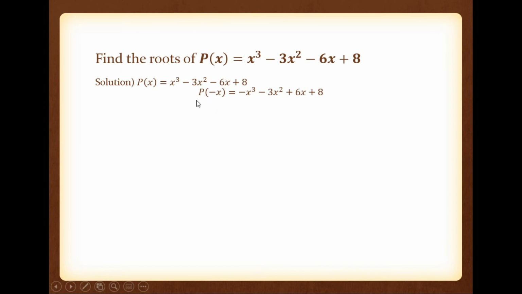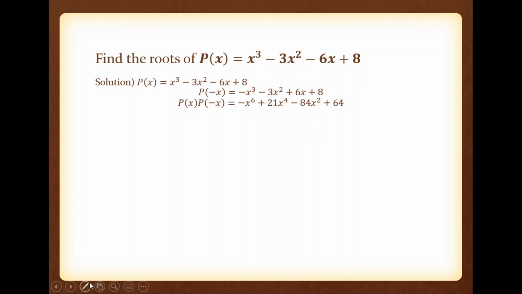So here you can see that p of minus x is equal to minus x cube minus 3x square plus 6x plus 8. So what is p1 of x? What is p of x into p of minus x? If you are multiplying these two, you can see that this is minus x raised to 6 plus 21 x raised to 4 minus 84 x square plus 64.